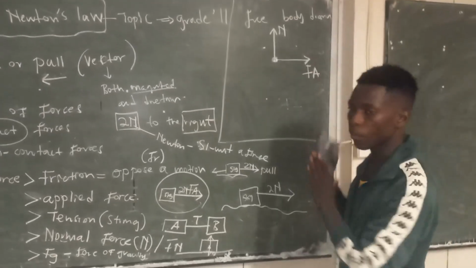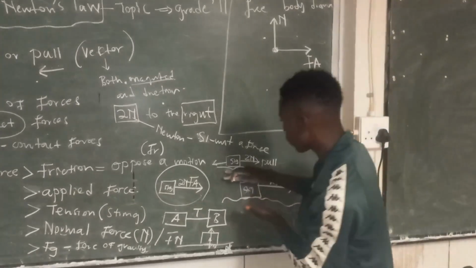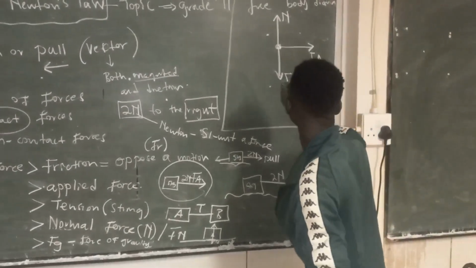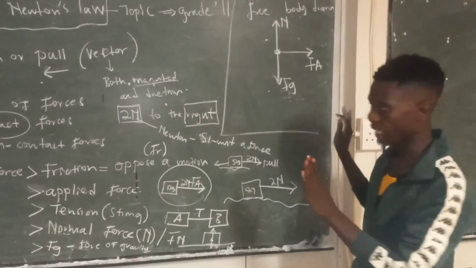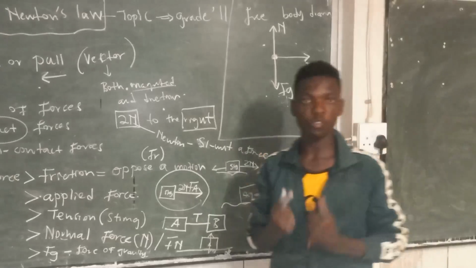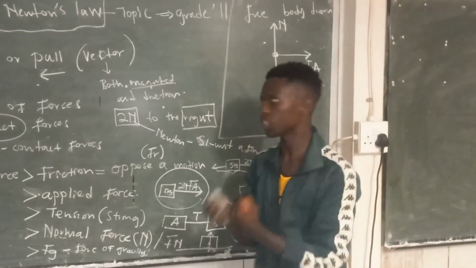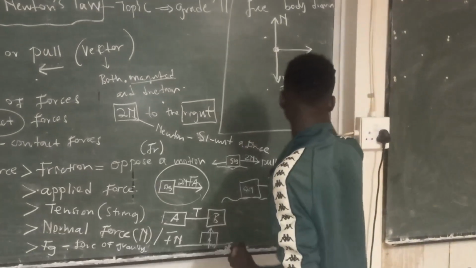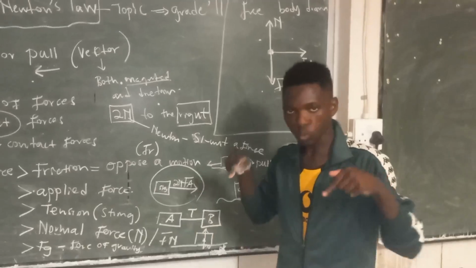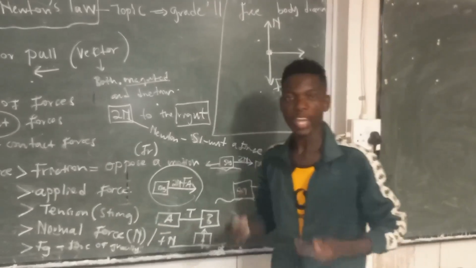The opposite of normal force, because it's in contact with the ground, is gravity. Gravity is always there because it's a force that pulls everything. Everything here in the universe is being pulled by gravity. It is also weight because everything in the universe has weight. Even yourself or myself, I have weight.